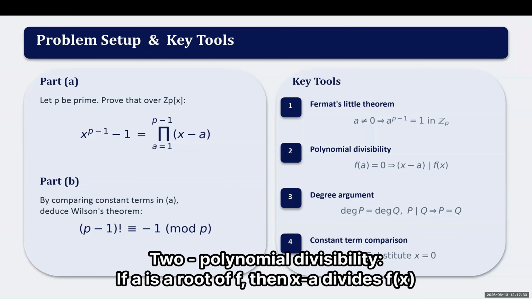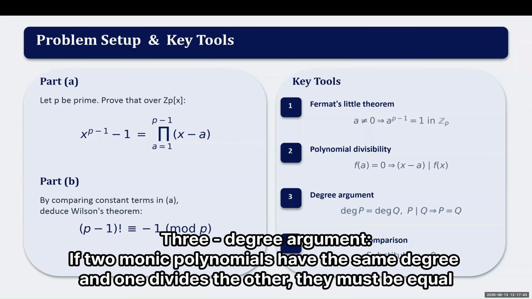Polynomial divisibility. If a is a root of f, then x - a divides f(x). 3. Degree argument. If two monic polynomials have the same degree and one divides the other, they must be equal.